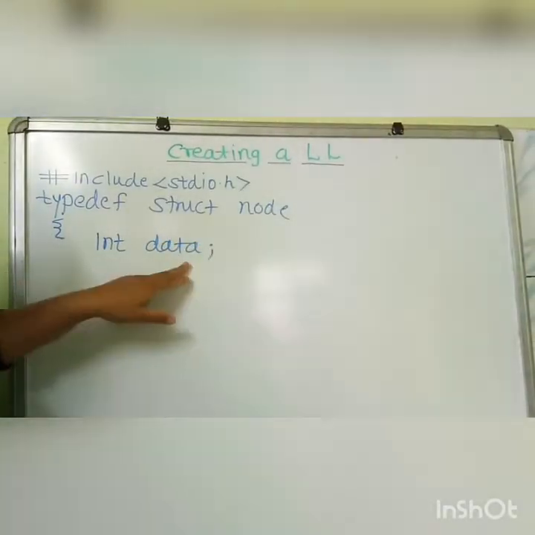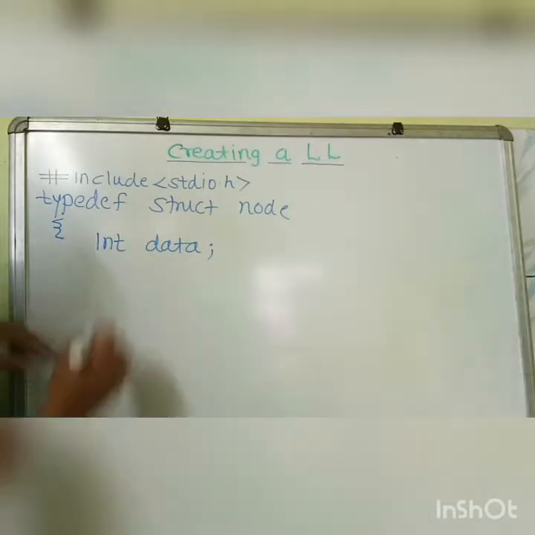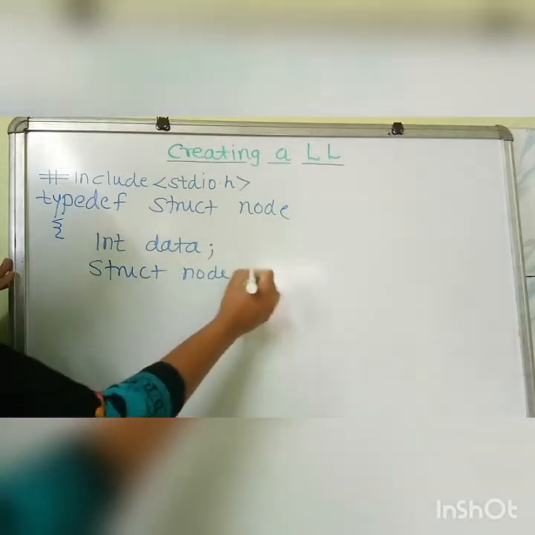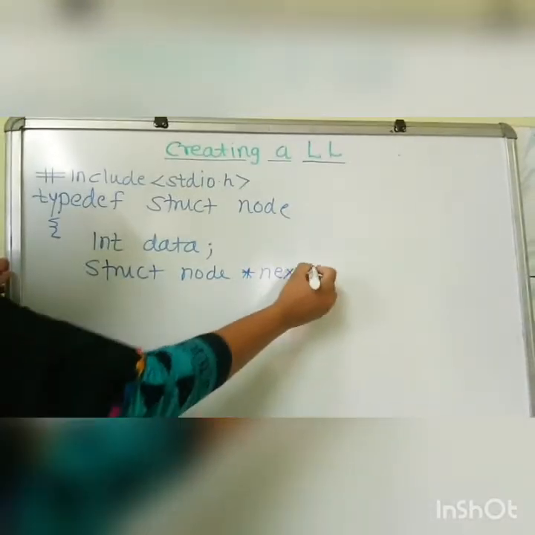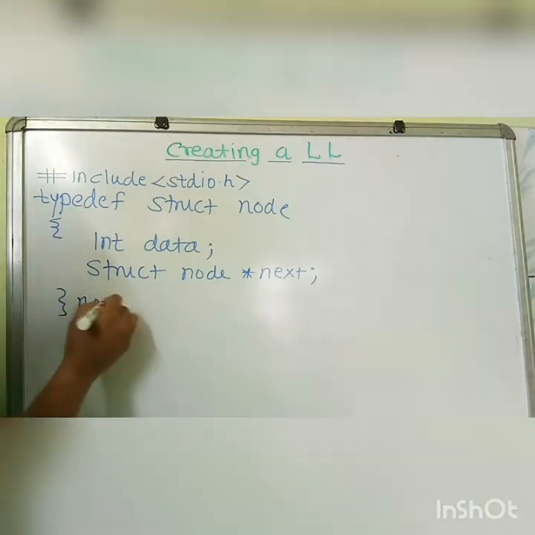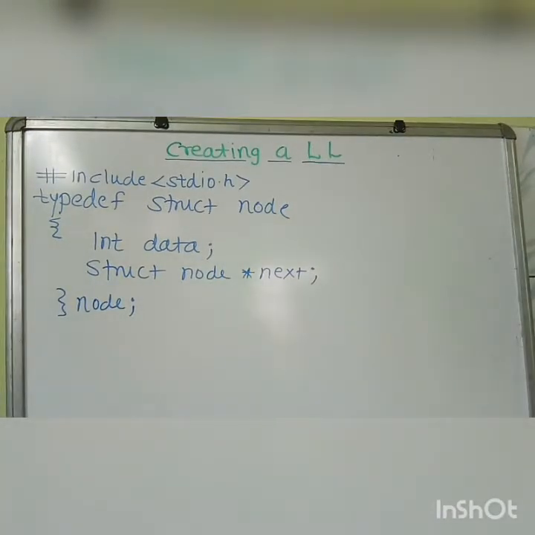We create the data type for the data, and next is the next node, that is struct node *next, and we finish here with one variable, that is Node.